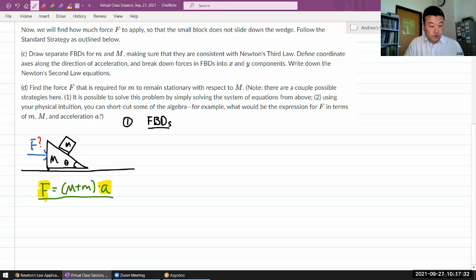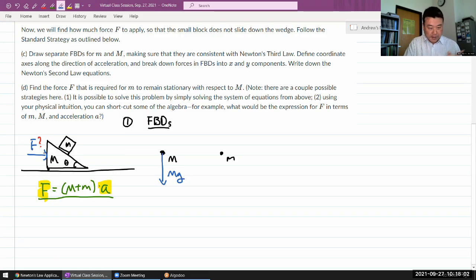Here we have two objects, so I'm going to need to draw two free body diagrams. Let me do that. I have a free body diagram of the ramp, and I have the free body diagram of the small block. I will go through drawing the forces quickly since you've done this many times. You start out with gravitational force, and then you keep asking yourself, did I draw all the forces?